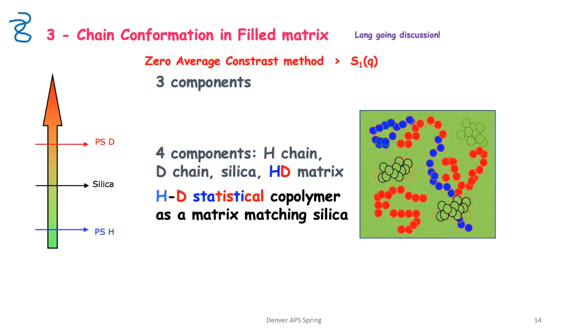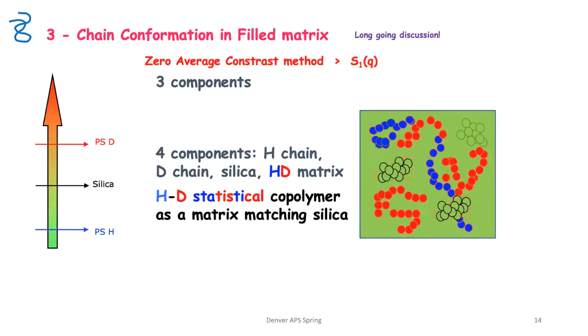So let us first comment about the chain conformation at rest in the filled matrix. This has been studied more than before, mostly by neutron scattering. I think it's one of the only ways to get the information.